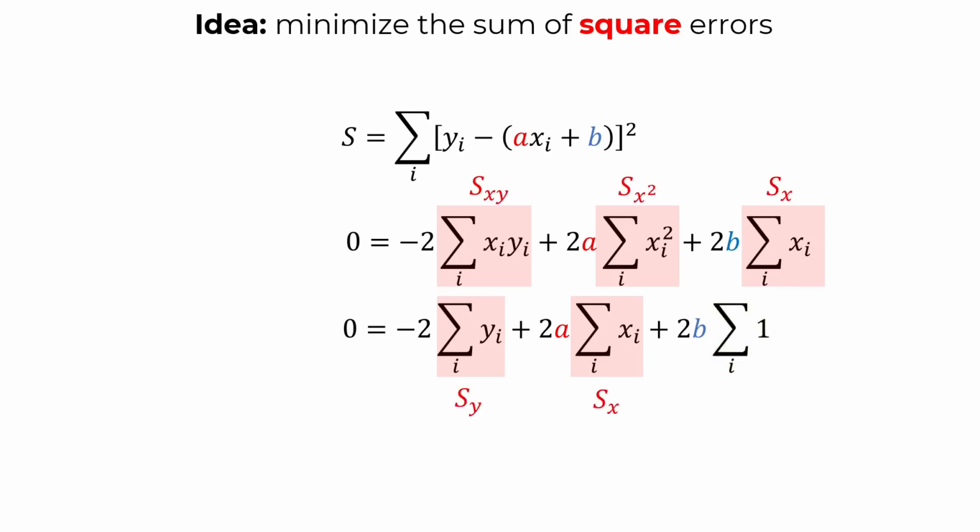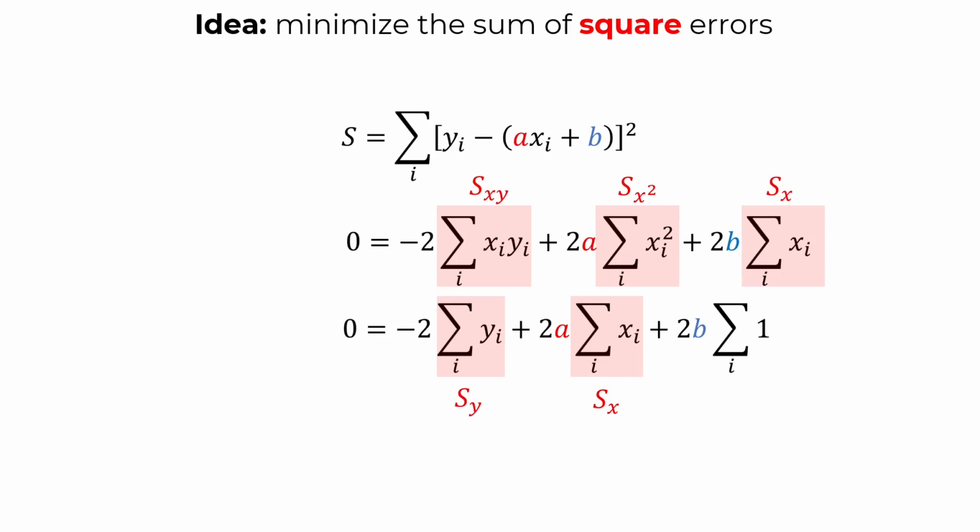We'll represent each of the summations with these new mnemonic variables, s subscript the names of the variables over which they are summing. So, for example, the summation of xi times yi is going to be represented by s subscript xy.